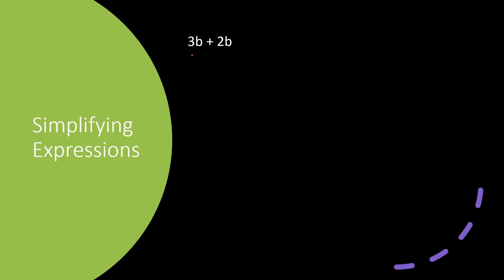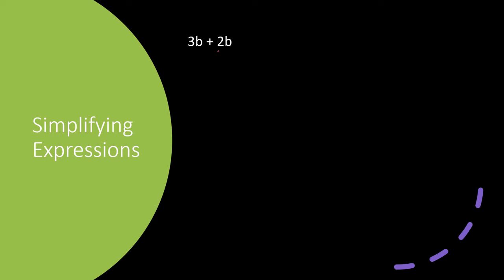For example, let us look at this expression right here. We have 3b plus 2b. Notice that these two are like terms because they have the same variable, and they have the same exponent, which is an invisible one for each one. We learned about like terms in a previous lesson, so I'm assuming that you already know what like terms are.